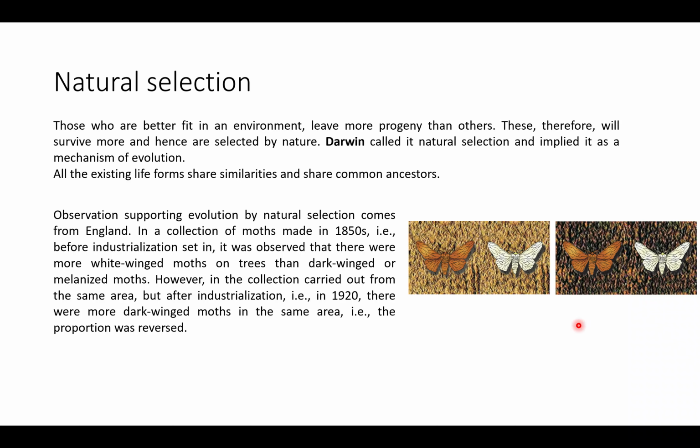Now the moths which were black had the ability to camouflage in the background, and the white-colored moth, which was contrasting in color, got picked up by the predators. So the black-winged moth population grew in number post industrialization, and the white-winged moth population declined. This is called natural selection, and this is one example of natural selection.